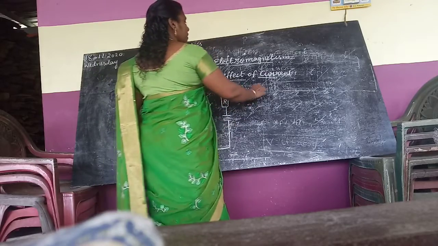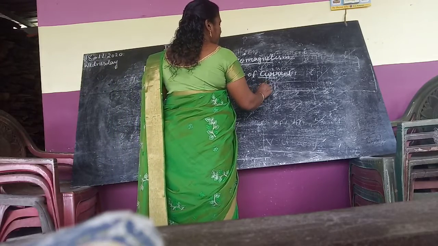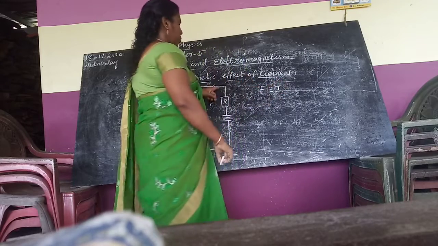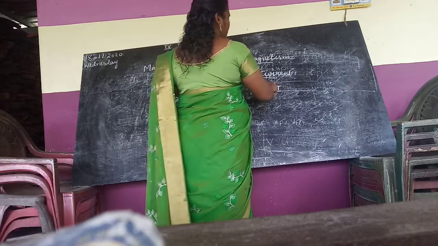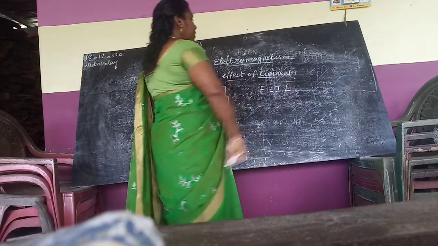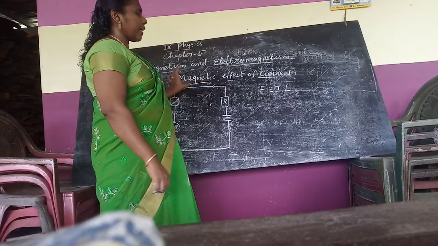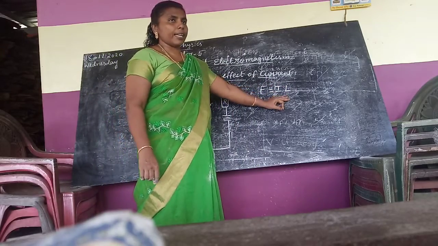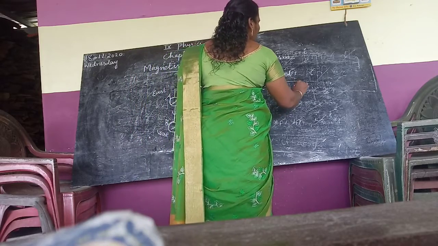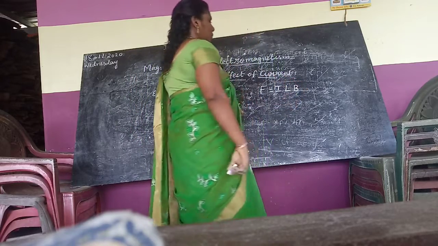The force on a current carrying conductor, F equal to I B L. I means the current flowing through the conductor. L means the length of the conductor. B means the magnetic field.